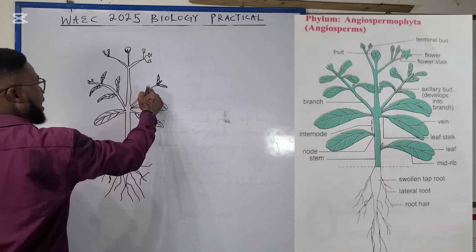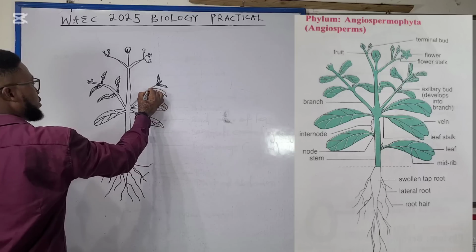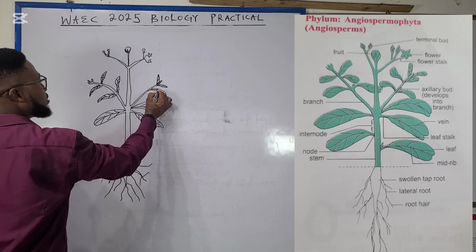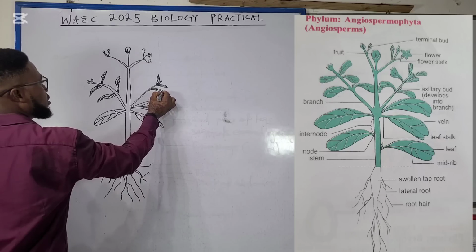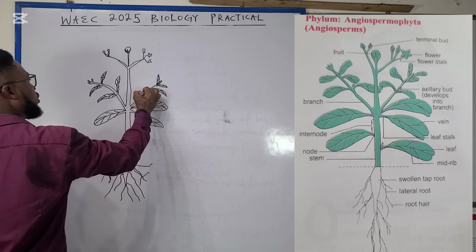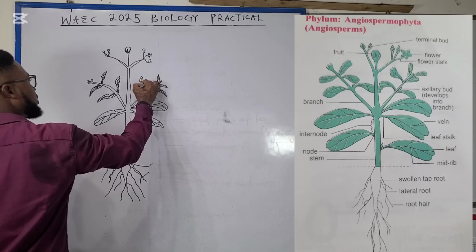And then I could come here and continue with the same pattern, having numerous leaves for photosynthesis. So I go this way, this way, this way, this way. That's my leaf. I could open up another one here. It goes the same way.